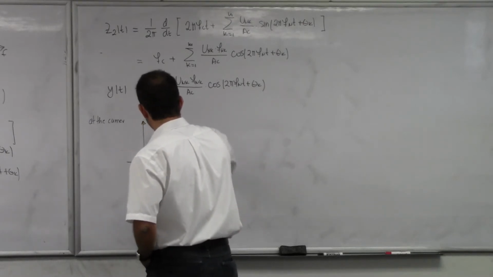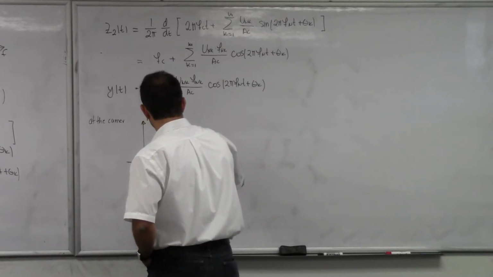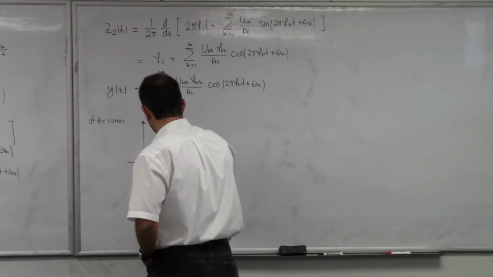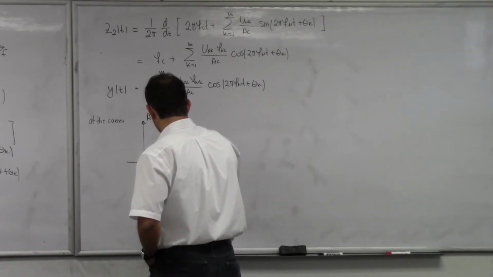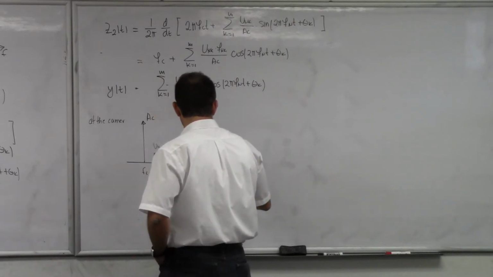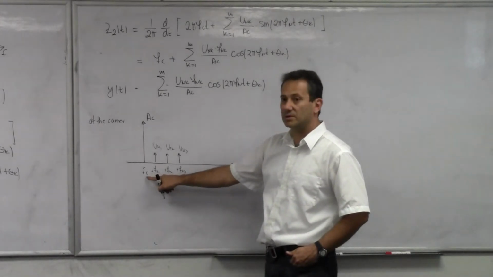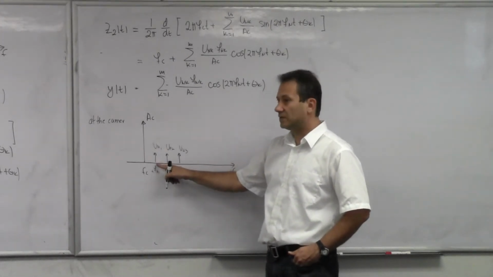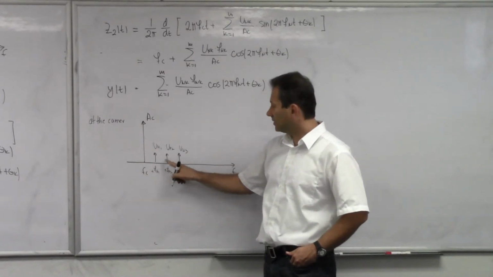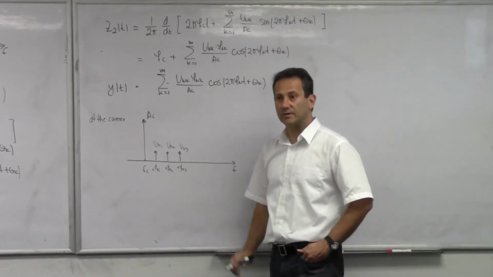Let's say they have the same magnitude, UN1, UN2, UN3, but they have different frequencies. This is plus Fn1, plus Fn2, plus Fn3, where the plus refers to the carrier frequency. The frequency of this guy is the carrier frequency plus Fn1. The frequency of this one is carrier frequency plus Fn2, and so on, right? You have 3 of them.